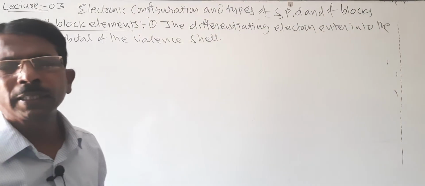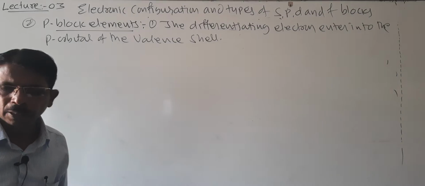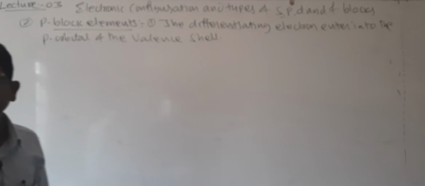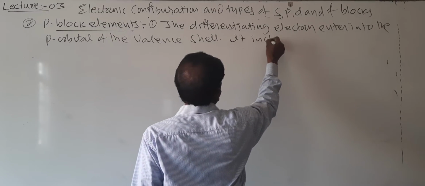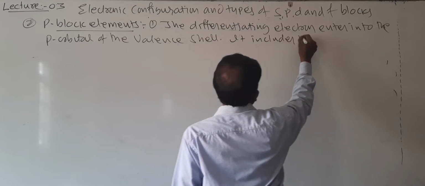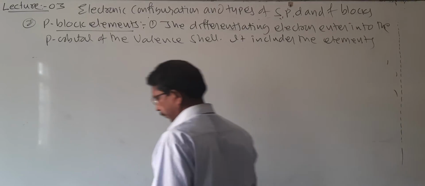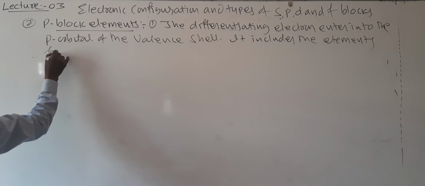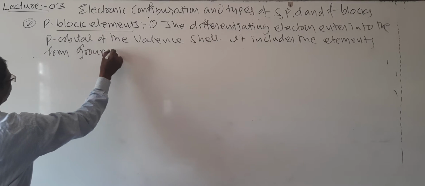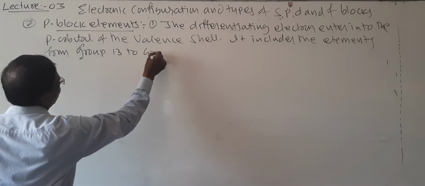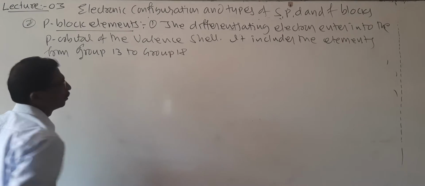Remember students, the differentiating electron enters into the p orbital of the valence shell, number 1. And here it includes the elements from group 13 to group 18.